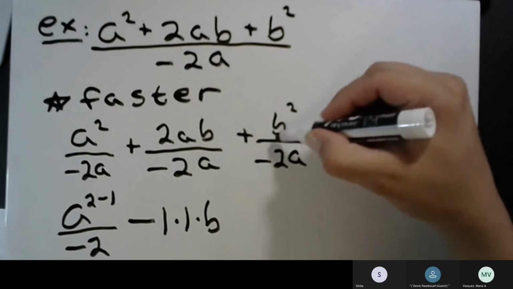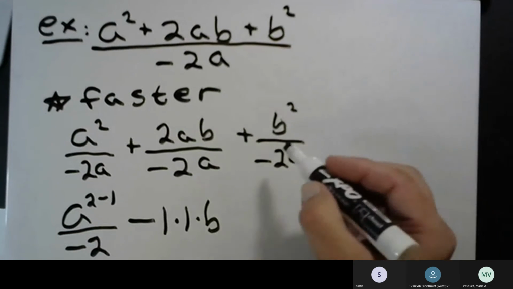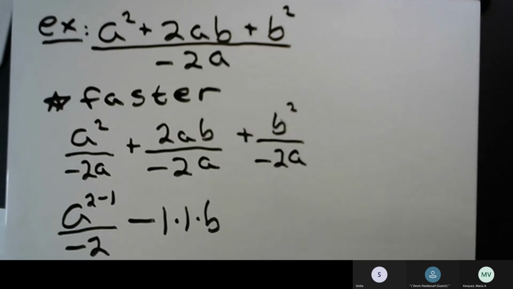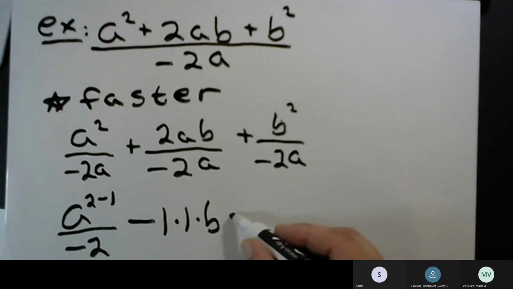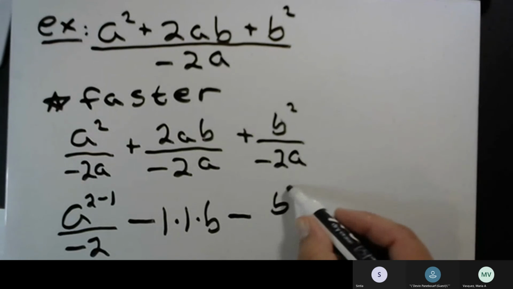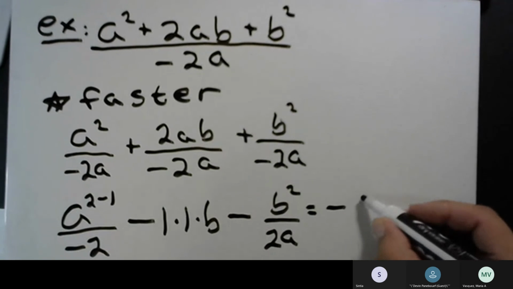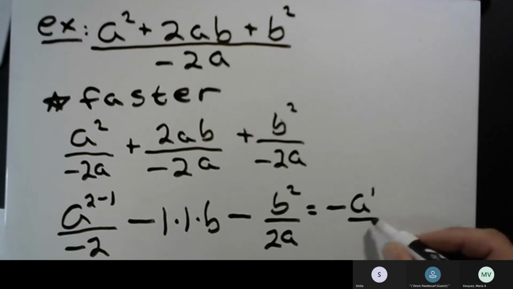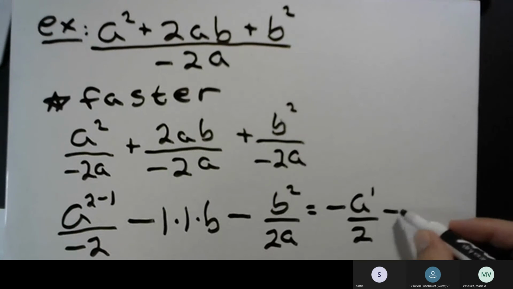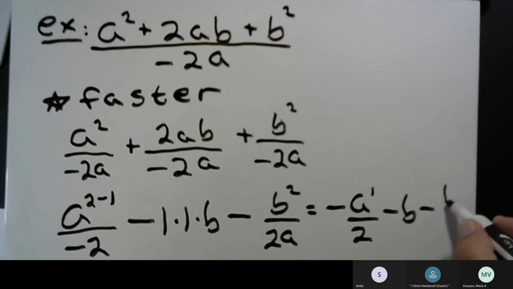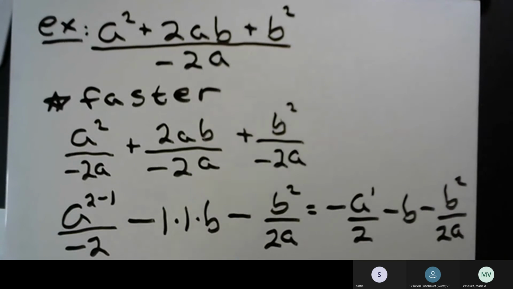And then this, there's nothing that's going to cancel or simplify. You just have a positive divided by a negative, so that's just going to be negative. And same thing with this, a positive divided by a negative. It's going to be a negative a to the 1 over 2 minus b squared over 2a.